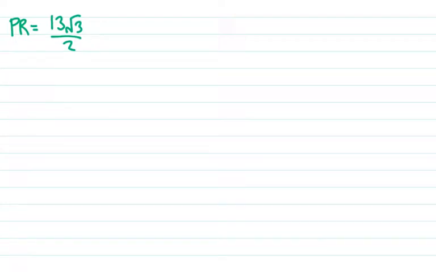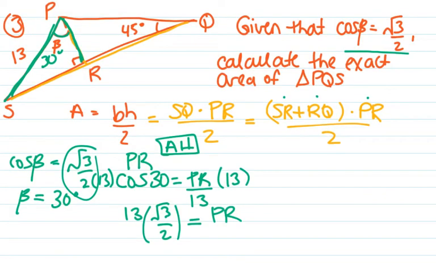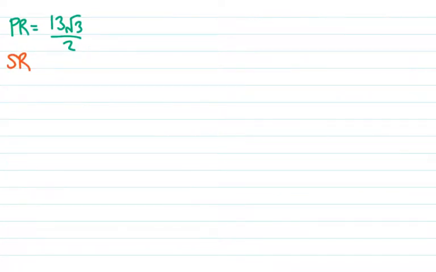Now, SR. So SR is, I'll do it in blue. SR is right here. I have angle beta, which is 30 degrees, and SR is opposite of it, and I have the hypotenuse. So I'm going to use opposite and hypotenuse, which is sine. So sine 30 equals opposite, which is SR, over the hypotenuse, which was 13.